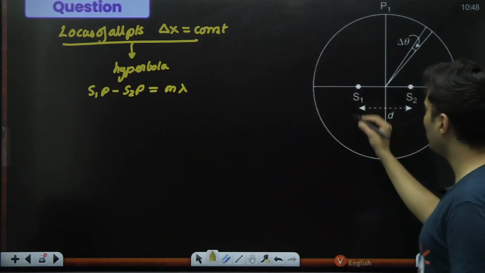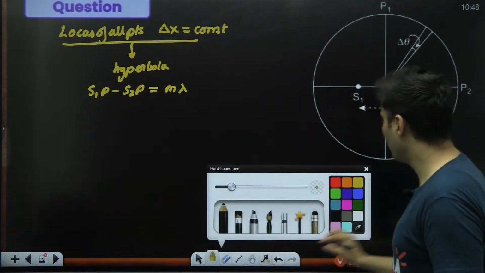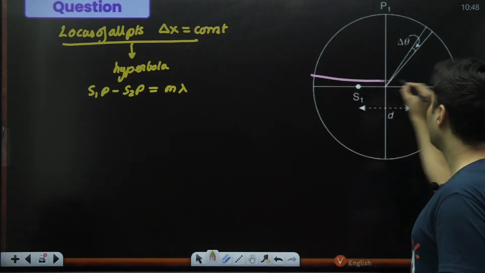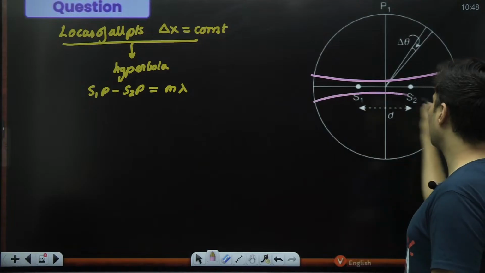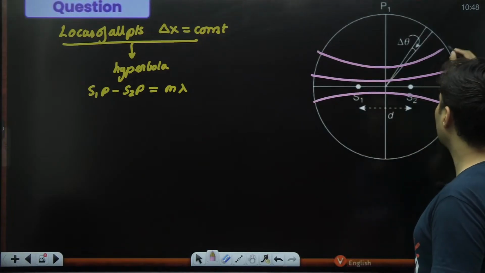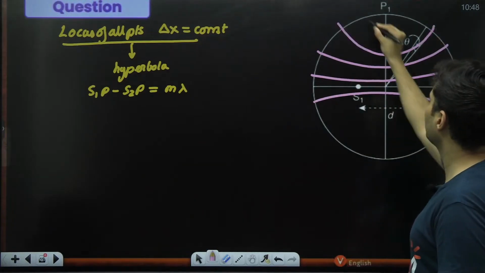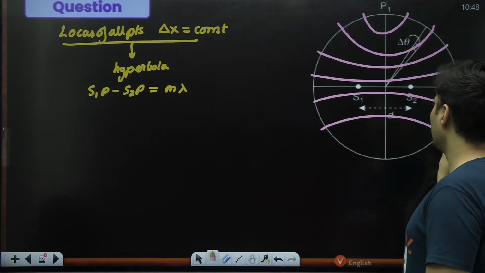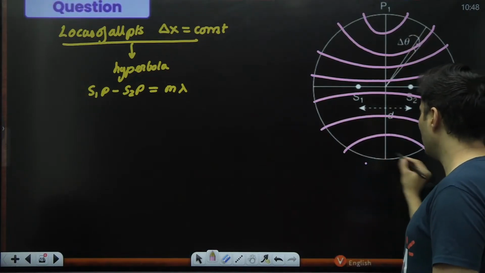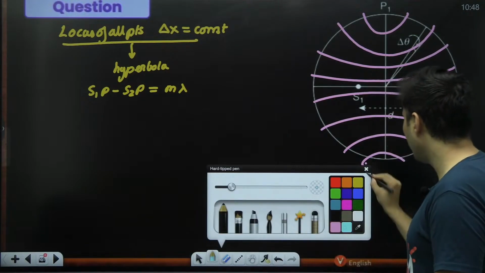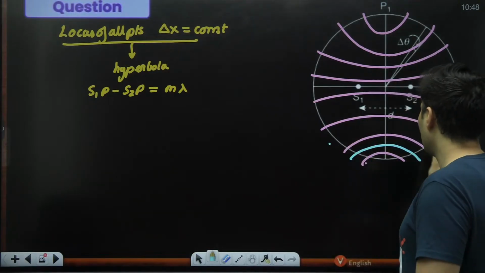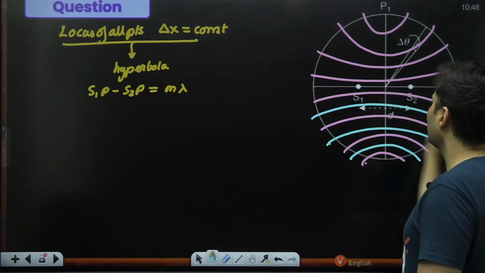So how the hyperbolas go is something like this. You will probably have one dark fringe here, then another dark fringe like this, another like this, another like this. This is how the hyperbolas will look. In between, you will have the bright fringes also, whose hyperbolas will be something like this.